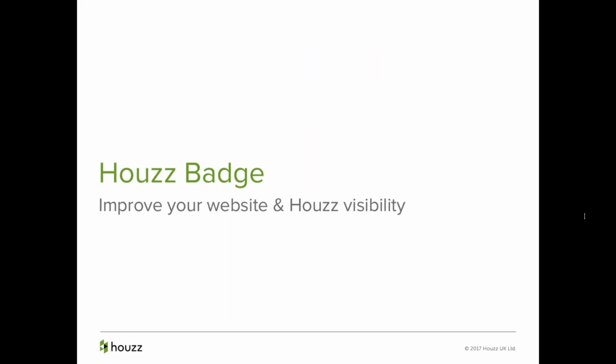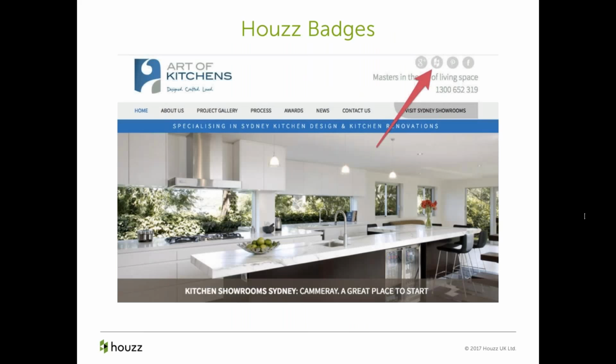So when we're looking at Houzz badges, I have a couple of different examples of different Houzz badges and buttons on various designers' profiles. So here, Art of Kitchens have a Houzz badge right up the top. You can see it's a grey and white round one, which really works with their design.